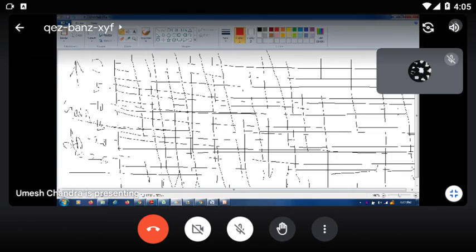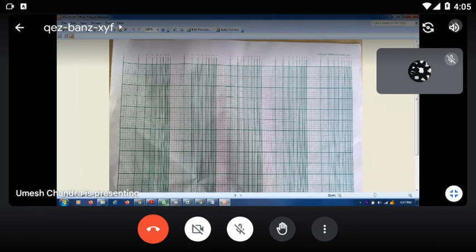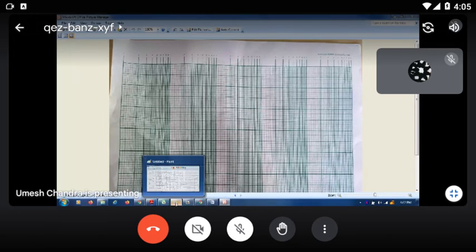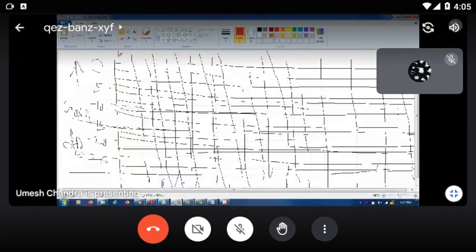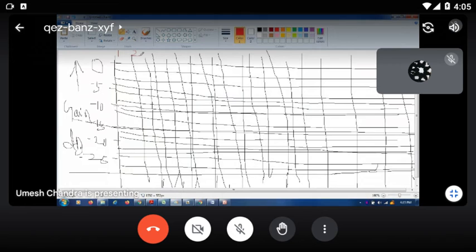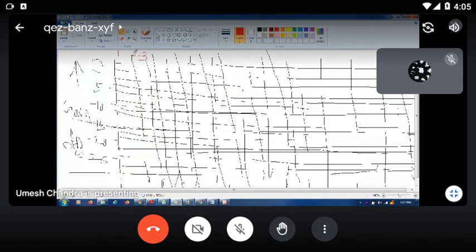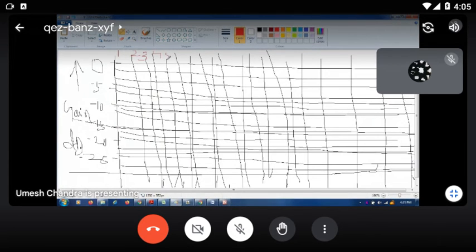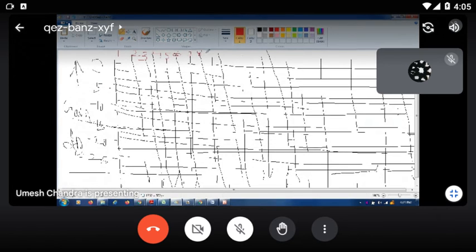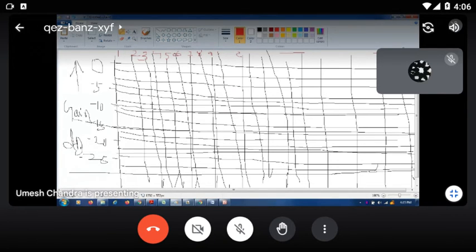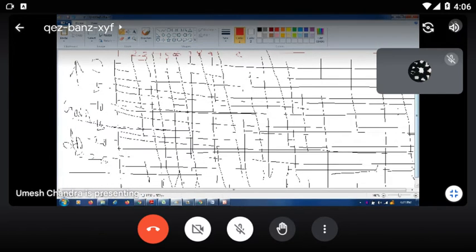This is the semi-log paper. Starting is 1. Then 100 hertz, 200, 300, 400, 500, 6, 7, 8, up to 100 kilohertz.